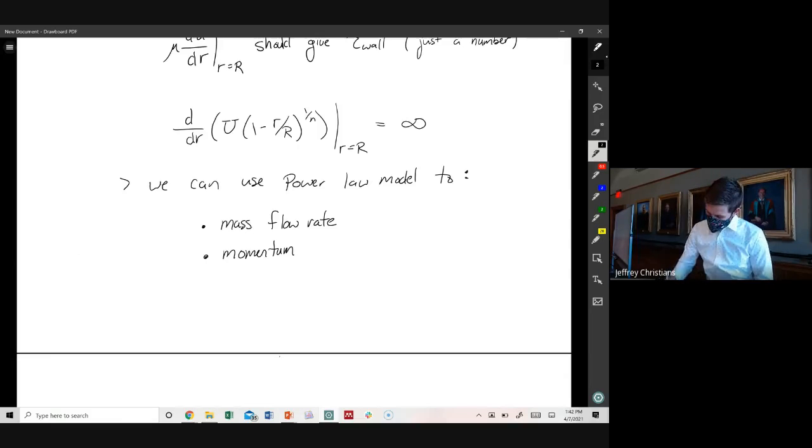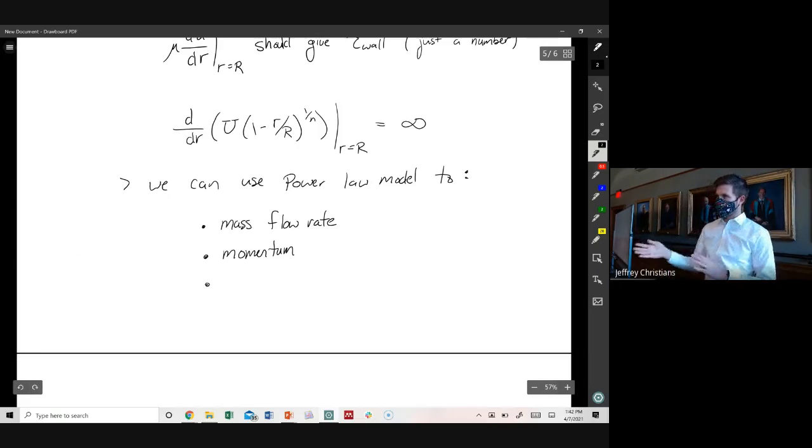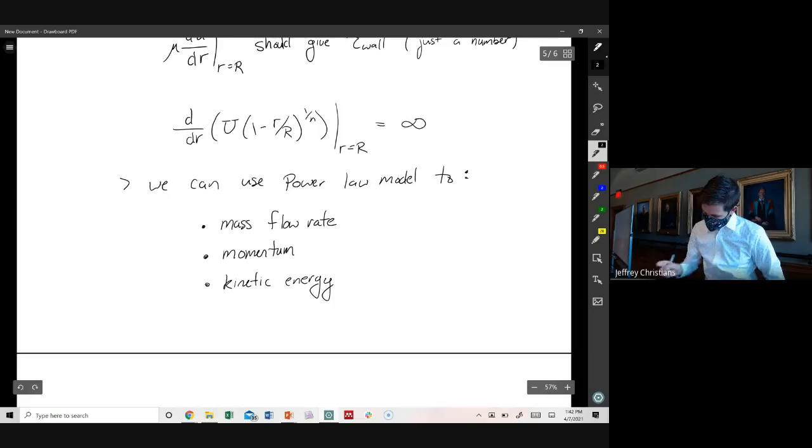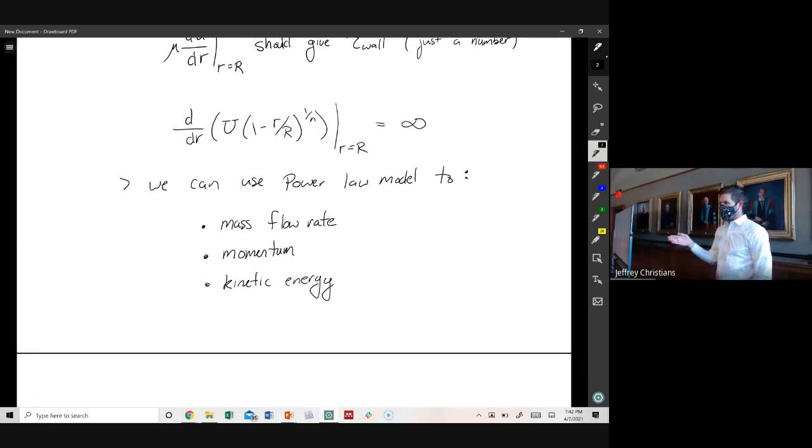The last thing that we could find, and this is what we'll mostly do, this is the next question that we're going to ask. We could look at the kinetic energy, because really the next step for us in the class is looking at energy and energy in fluids and how does that work and change.